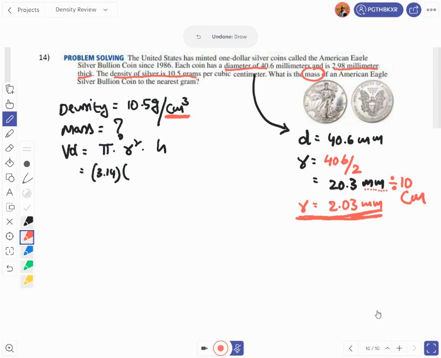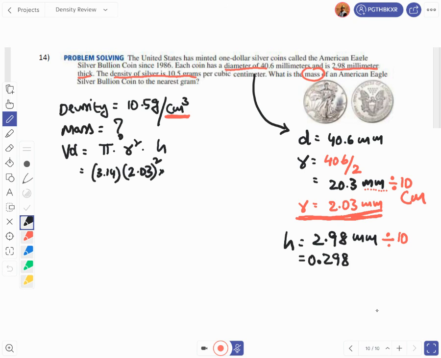So radius is 2.03, radius squared, times the height. Height is given as 2.98 millimeters. Again, if you want to convert this into centimeters, divide by 10, and you may use a calculator. You will end up with 0.298 centimeters. We are computing this because the density is given per cubic centimeter.